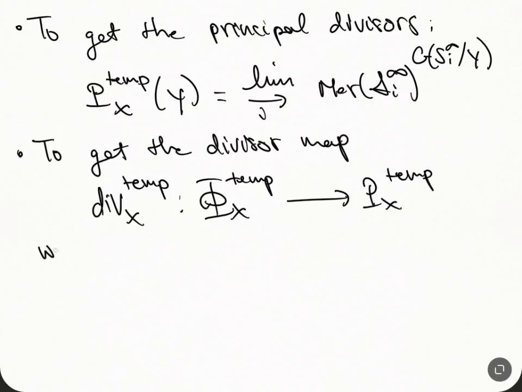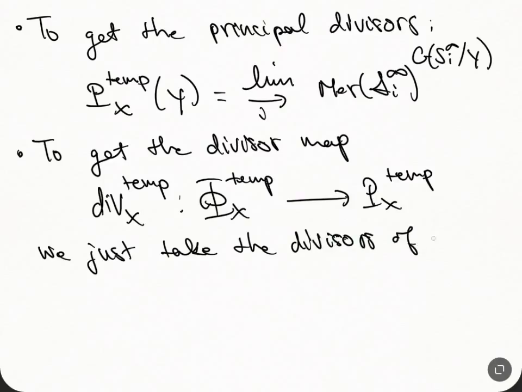We just take the divisor of a meromorphic function. Okay, and this lets us define the basic tempered Frobenioid.